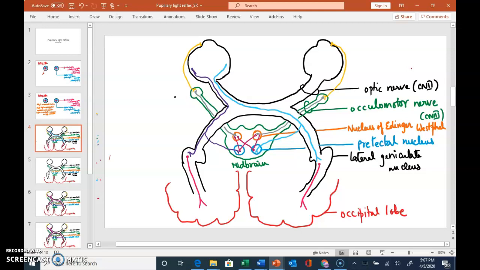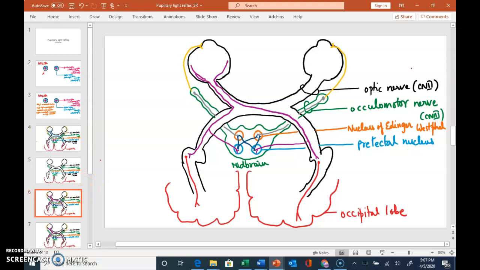We have neurons from the Edinger-Westphal nucleus that travel via the oculomotor nerve, and from the oculomotor nerve we have another neuron that synapses at the sphincter pupillae muscle, shown in yellow. All right, so another representation is right here.